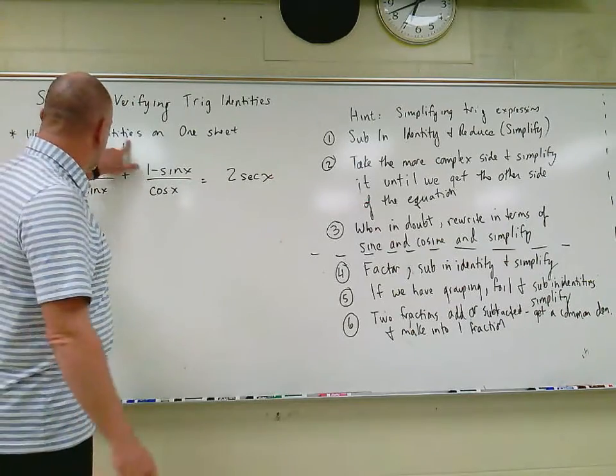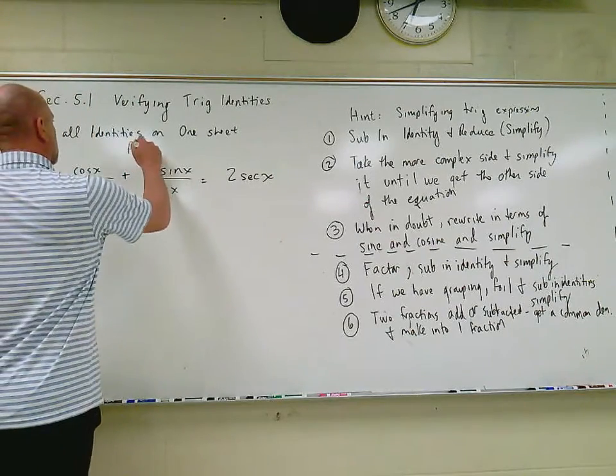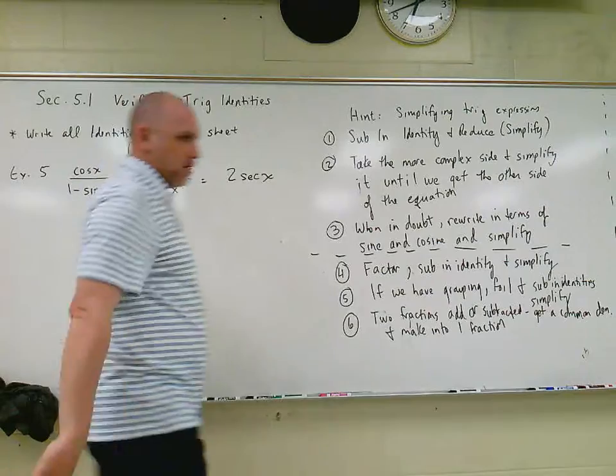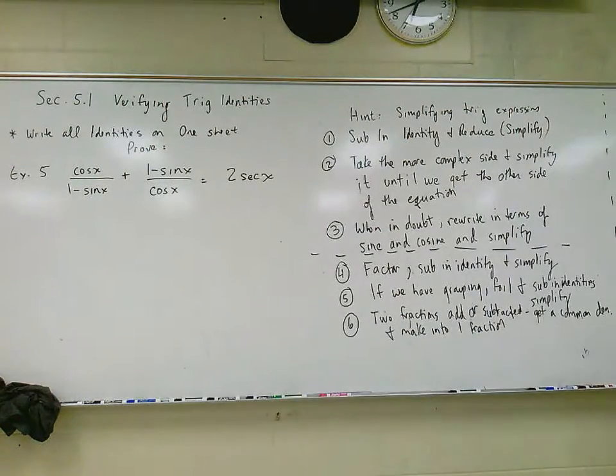So again, we're trying to prove. All these are proofs. Obviously, which side is worse? Left-hand side. So we're going to take the left-hand side, and can we get it to the right-hand side? Notice we have two fractions. Notice the right-hand side has no fractions. So somehow I've got to go from two fractions to no fractions.